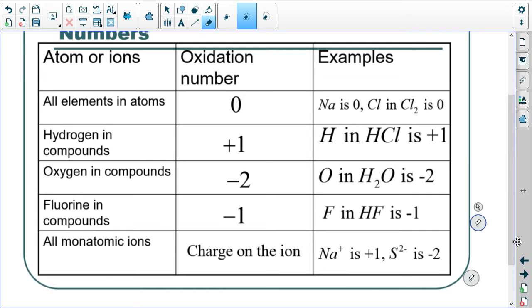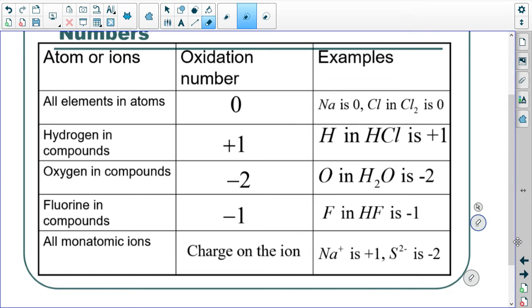The exceptions don't come in very often, but we do want to talk about them. So the O in the H2O is assigned a -2. Fluorine, being the most reactive nonmetal, has the strongest attractiveness for electrons. It's always going to be a -1.